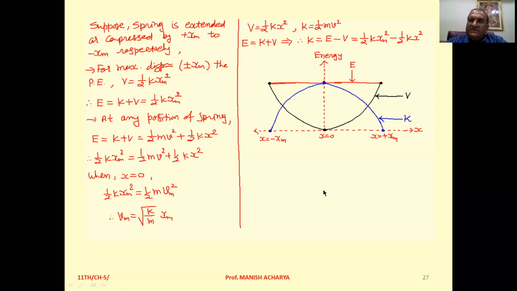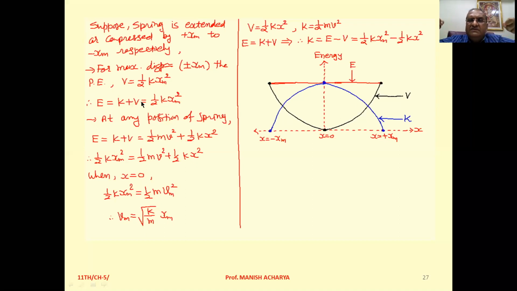If the spring is extended or compressed by x, or we say xm, that is maximum extension or maximum compression, then for that maximum displacement plus or minus xm, the potential energy is half k xm square. Now total mechanical energy is kinetic plus potential.